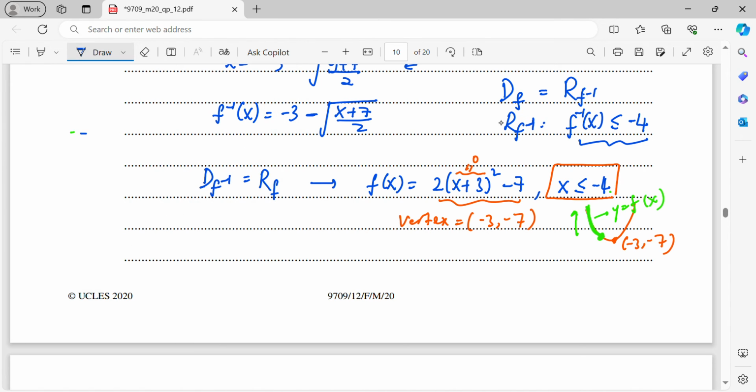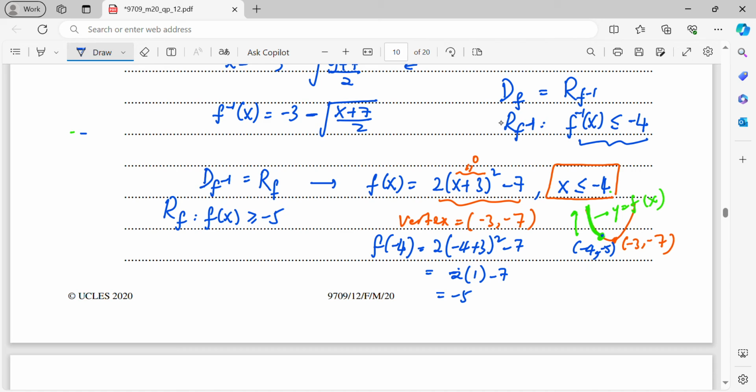So my working is f(−4) = 2(−4 + 3)² − 7. That means you are getting 2 times (−1) squared, which is 1, therefore I get −5. This point is (−4, −5), which means my range of f will be at least −5 according to this graph because it goes up.